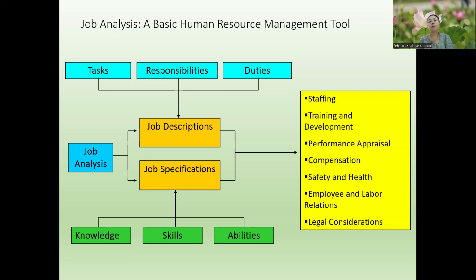Another aspect of job analysis, which is very important, is job specification. That is, what are the KSAs required to perform a job? KSA means knowledge, skills, and abilities which are to be present in the candidate who is applying for a job in your organization. So what is the knowledge? For example, in order to perform the job of a marketing manager, the knowledge that the marketing manager should possess about the product that he or she is going to sell in the market.